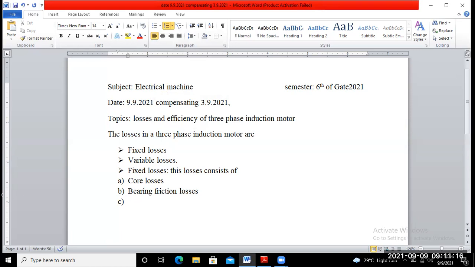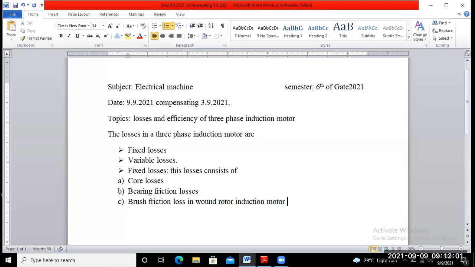Then brush friction losses in slip-ring rotor induction motor only.